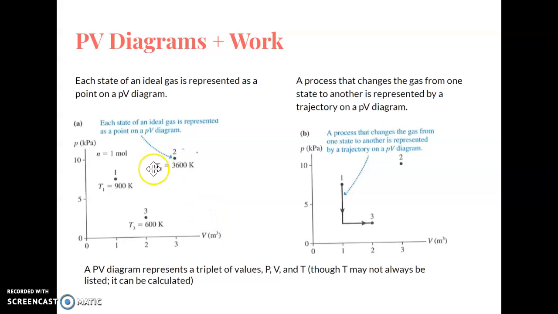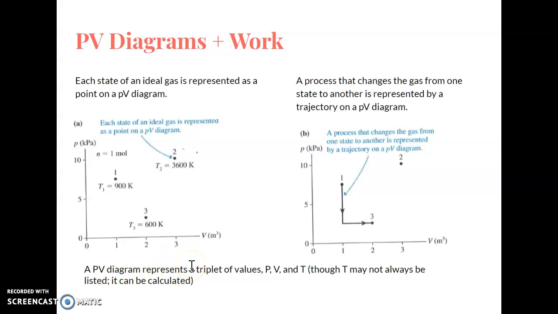The gas changes from one state to another, so these quantities change, and this depiction here does not really show us how the gas goes from one state to another. It just shows us 3 different points. What's also nice about this graph here is that it does specify temperature.